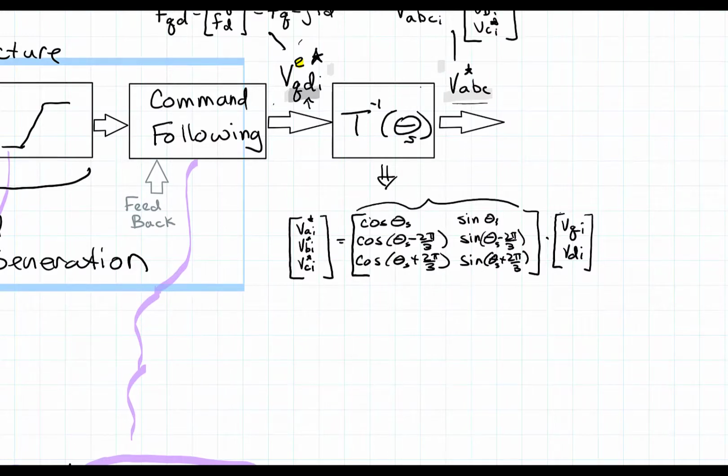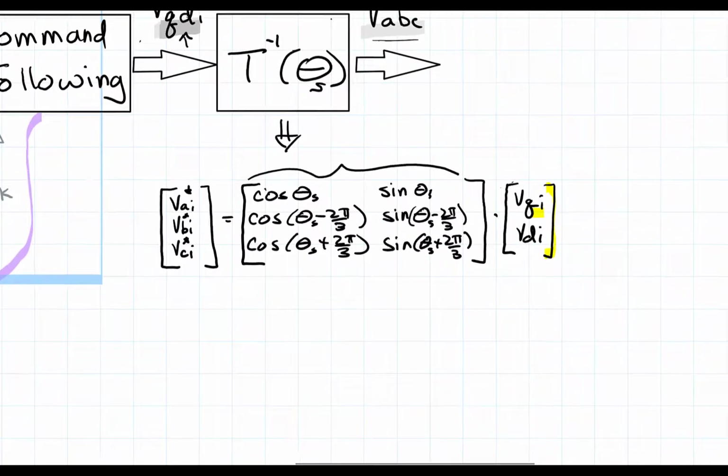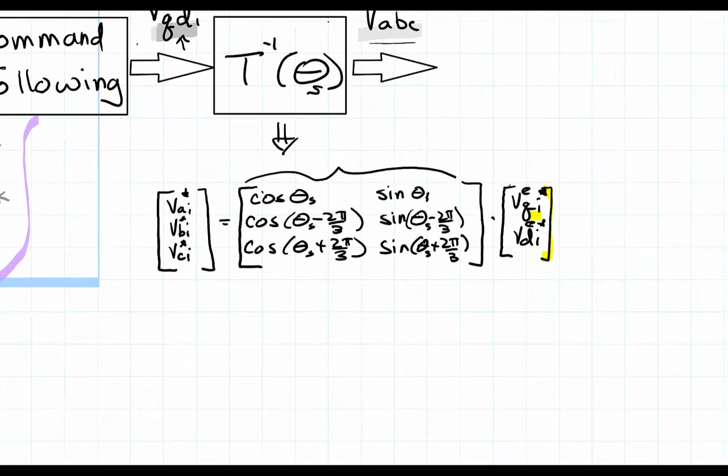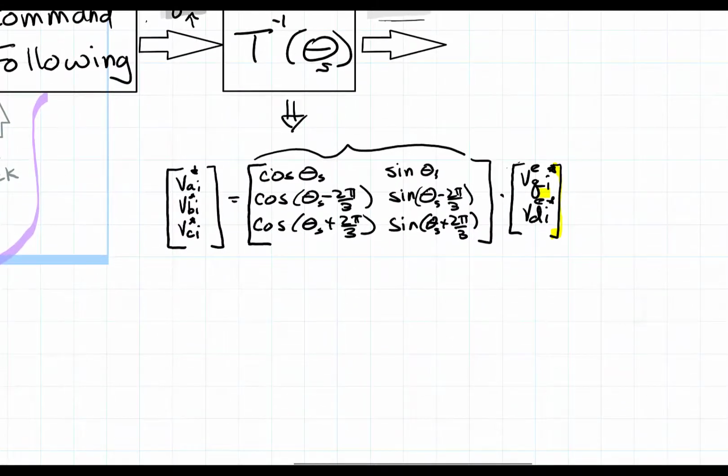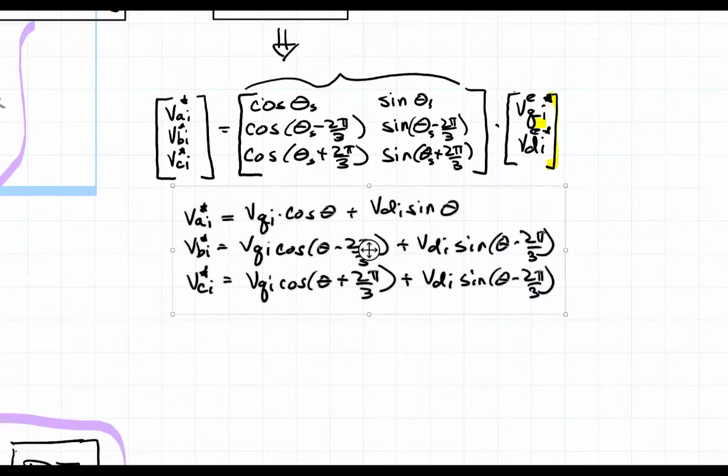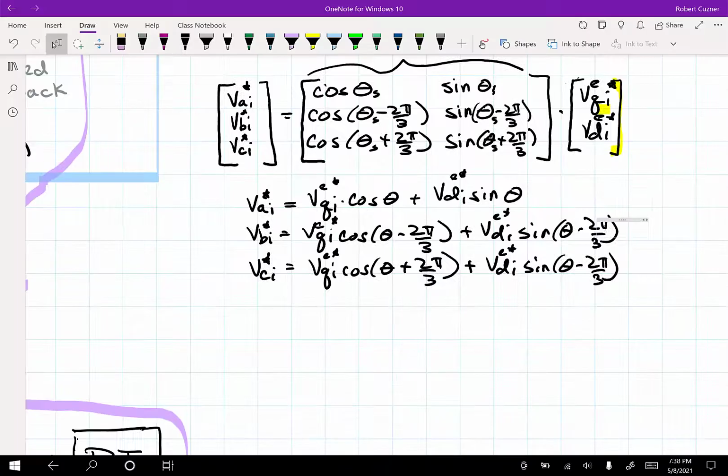because I haven't, as you noticed, made any determination as to what VQI commanded is. So this would be synchronous frame, and it's a command, but I haven't said what they are. So as a result, the general result here, if I multiply everything through, will be this expression here.